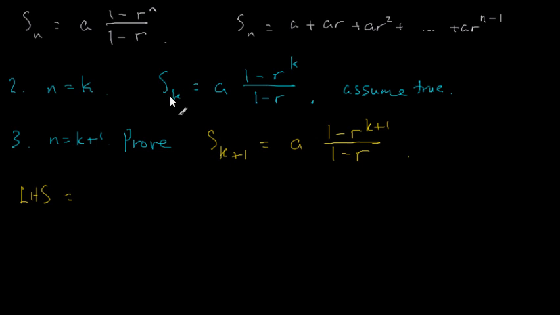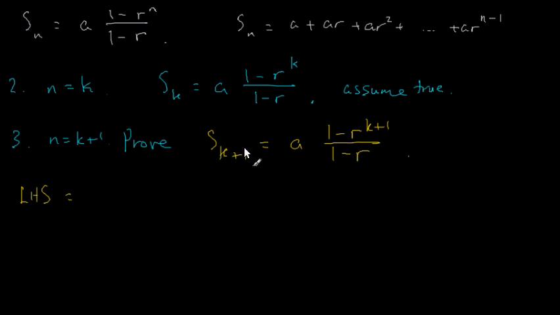And the way is to think about the relation between S(k+1) and Sk. Sk means we sum up to the k term. S(k+1) means we sum up to the k plus 1 term. So in other words, this sum contains one term more than this sum. And that extra term is the k plus 1 term.